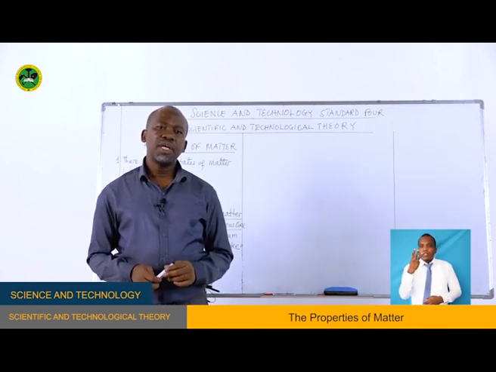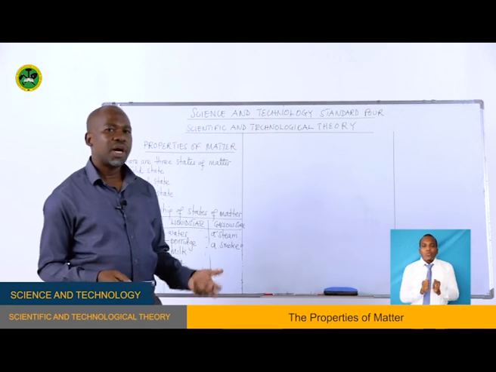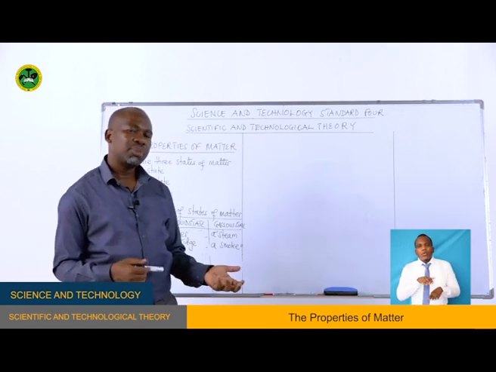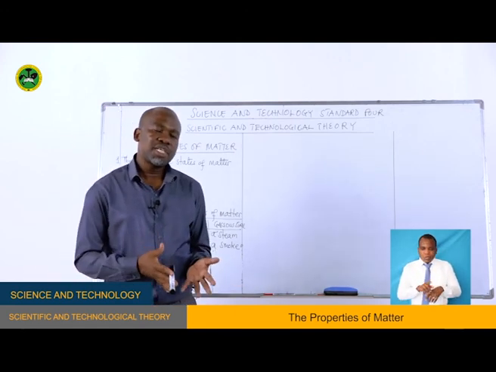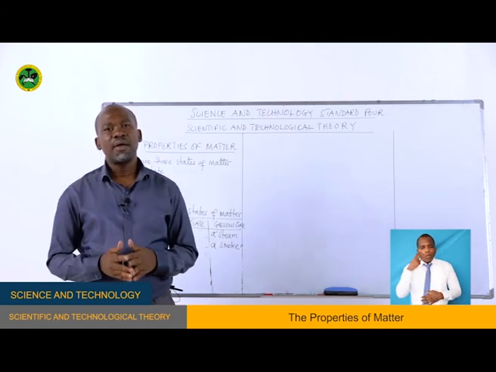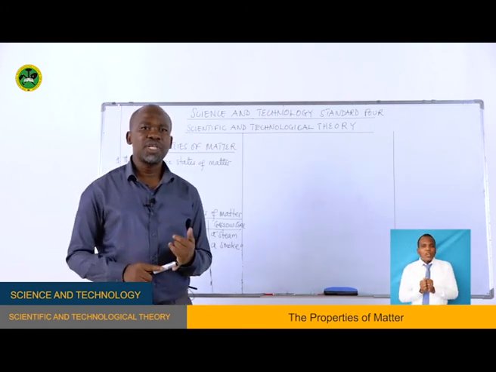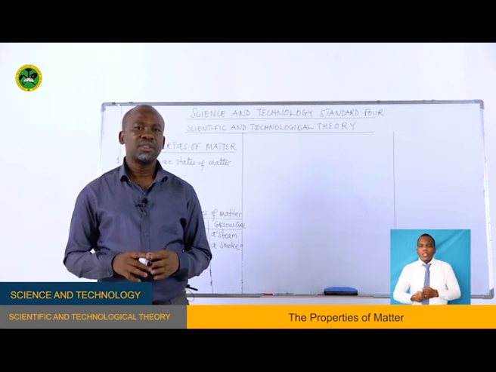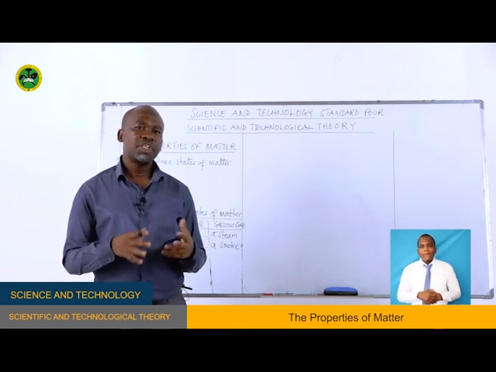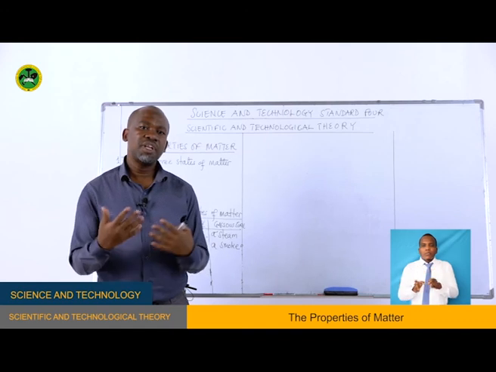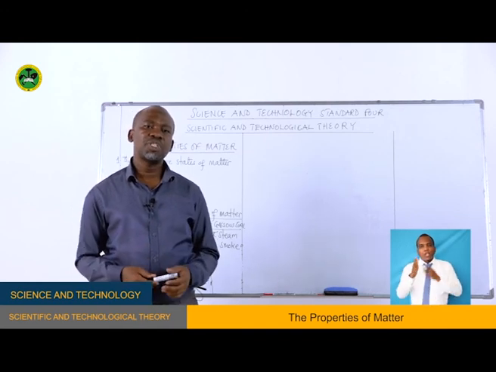Also, in the discussion of today, we have seen the relationship according to the properties of matter. The shape of a solid is hard, it has a definite shape. The shape of a liquid doesn't have a definite shape, it takes the shape of the container.